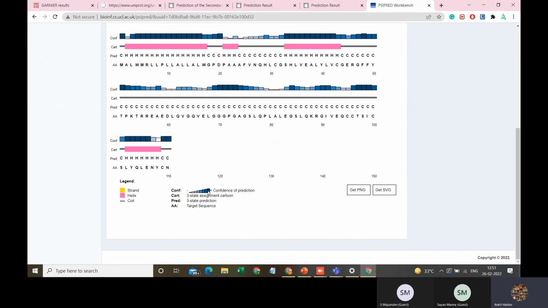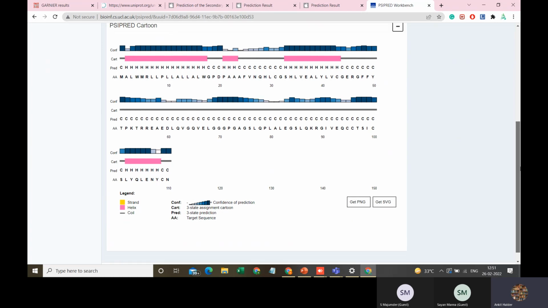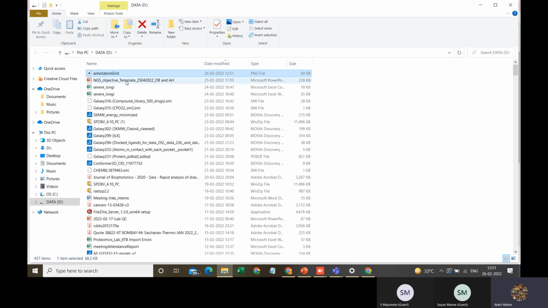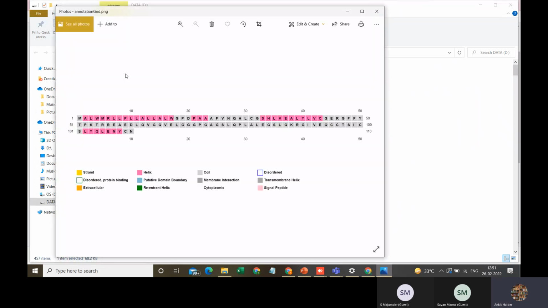The ones with a deeper blue-gray color are predicted with high confidence as helix structure, and those that are not so deep mean it's less confident. You also get the target sequence, and you can download the PNG and look at it.